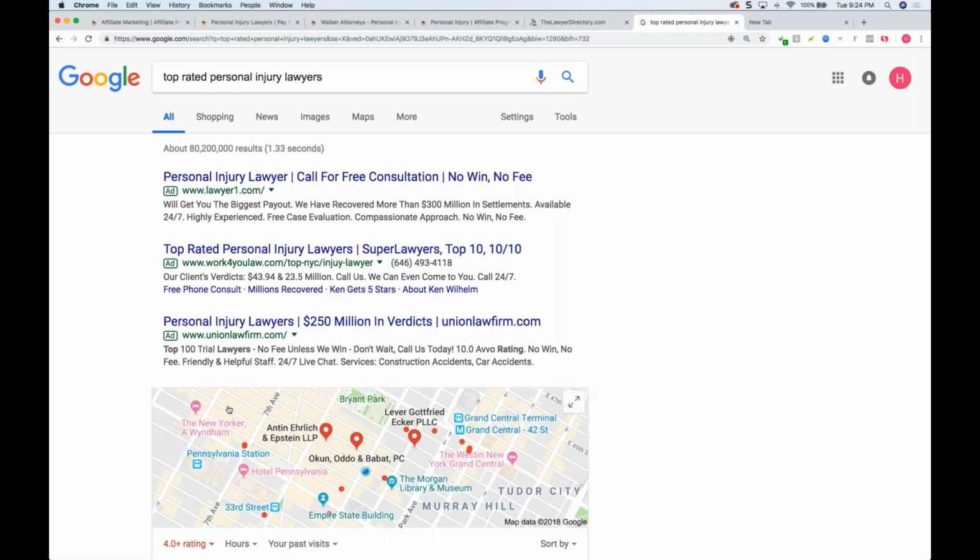And two, your prospects tend to be further down the funnel, whether they're ready to contact an attorney or fill out a lead form and get a home insurance quote, whatever it may be. The deeper you go into this competitive, kind of ninja research, the more likely it is that you're able to convert that prospect at that time.